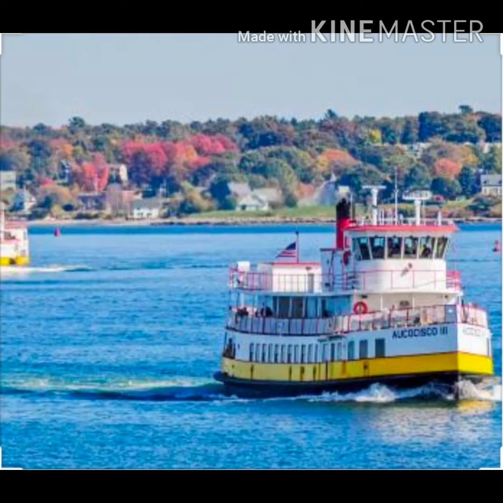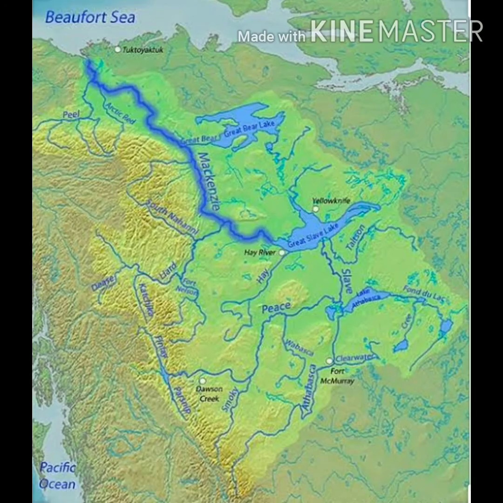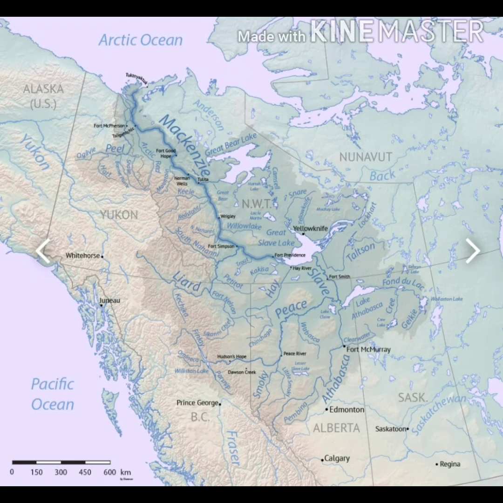Next river is Mackenzie. It is the longest river system in Canada, only in Canada. It originates, or we can say starts, from Great Slave Lake, drains Canada, and ends in the Arctic Ocean.